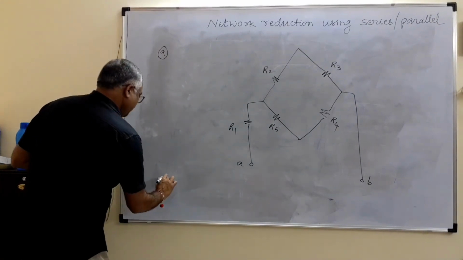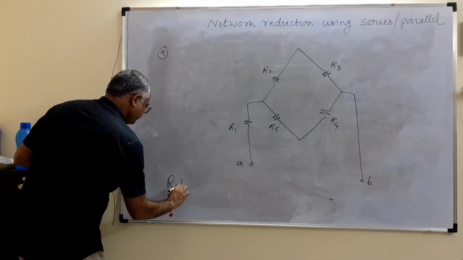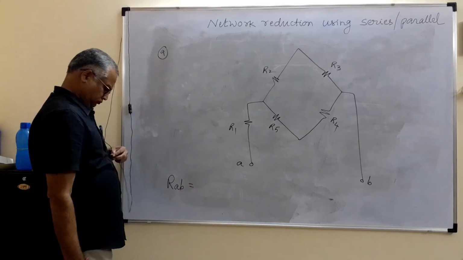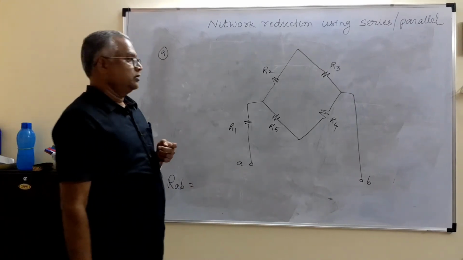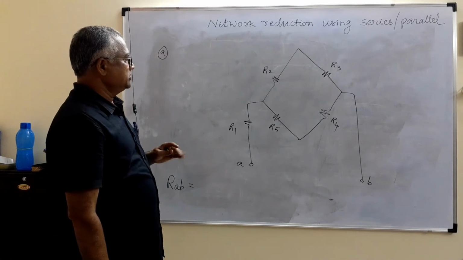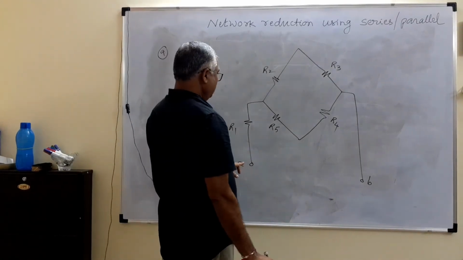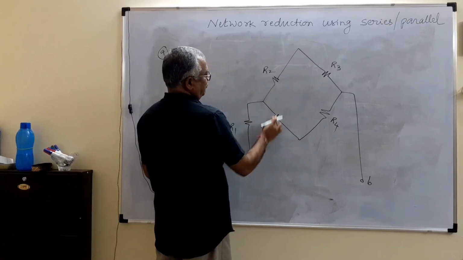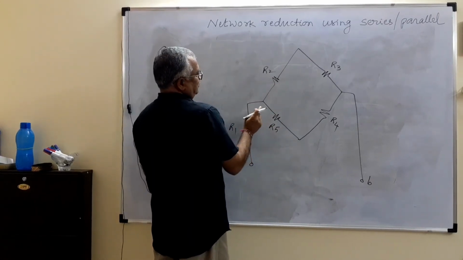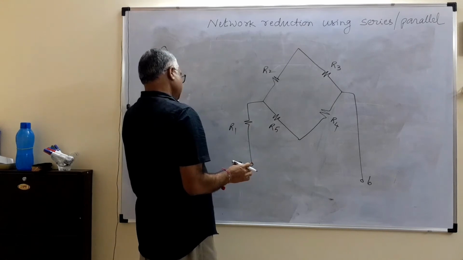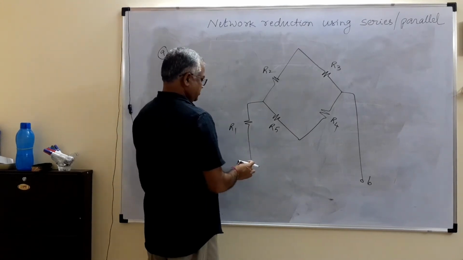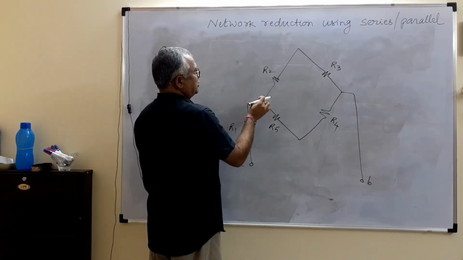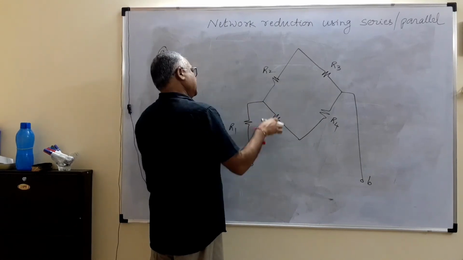So what is RAB here? This is an easy model. So A to B. R2, R3 not parallel. This is a common mistake of the majority of students. Immediately they come to a conclusion because the current is dividing, they say parallel.